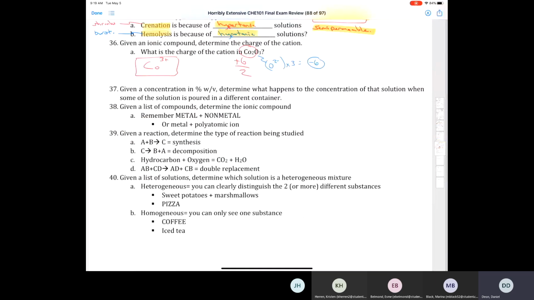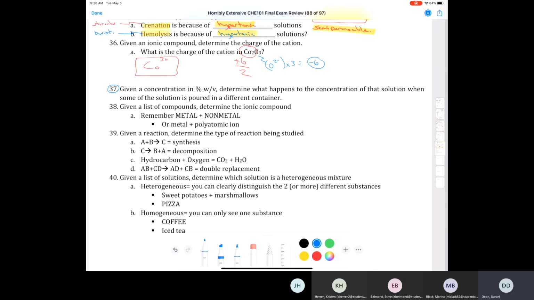The next one is just conceptual. It says here, given a concentration in percent weight over volume, determine what happens to the concentration of that solution when some of the solution is poured into a different container. And I hope that you're all just thinking, well, nothing would happen, because that's the answer, right?